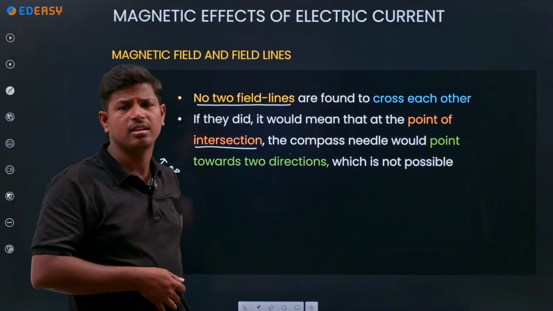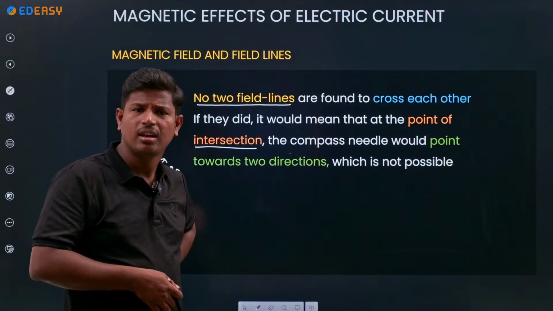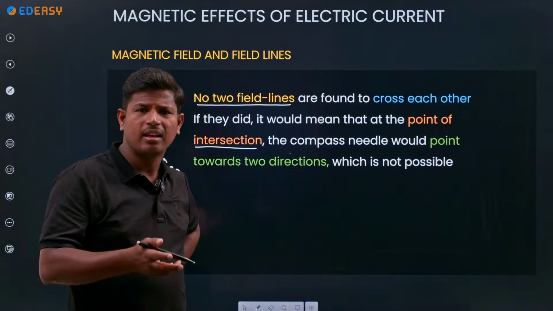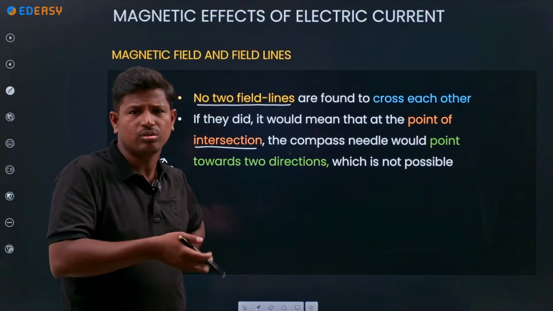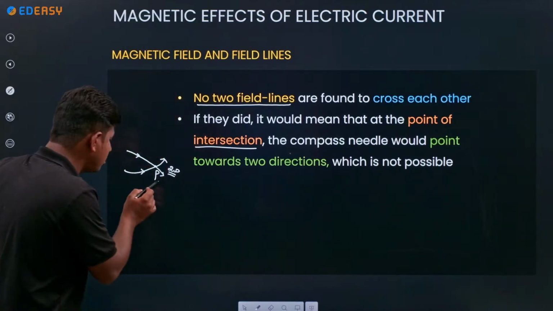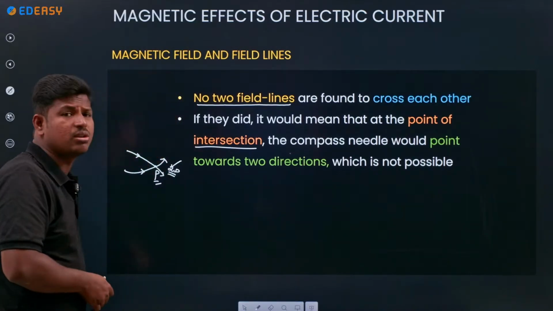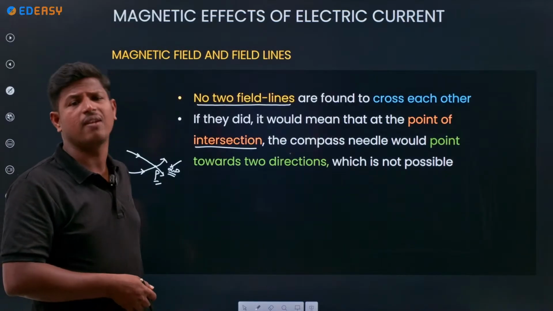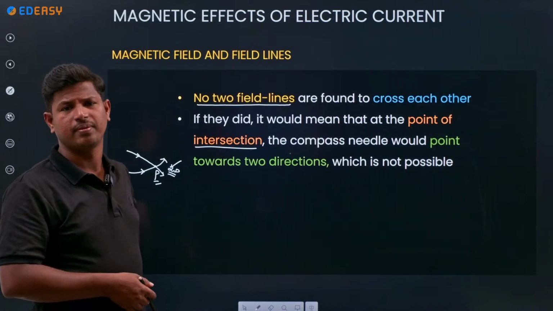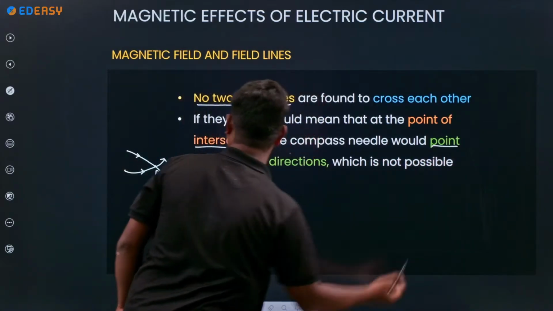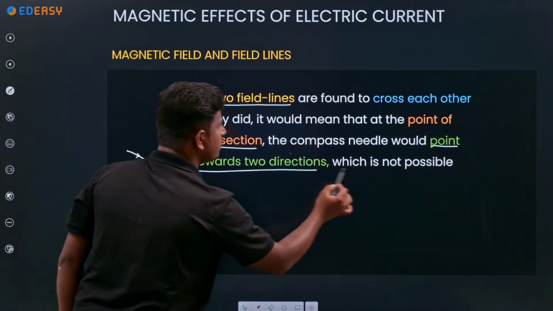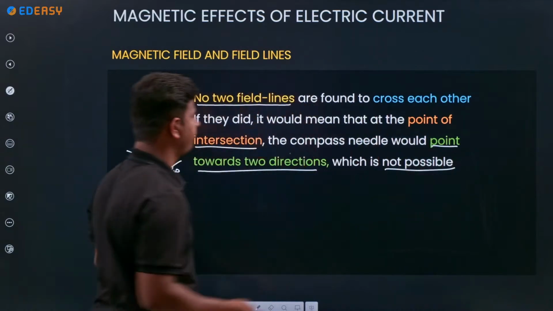Two directions in a magnetic field line. The magnetic field lines go north to south outside, and south to north inside. From where do the two directions come when two lines intersect? It never intersects. So the compass needle would point towards two directions, which is not possible.